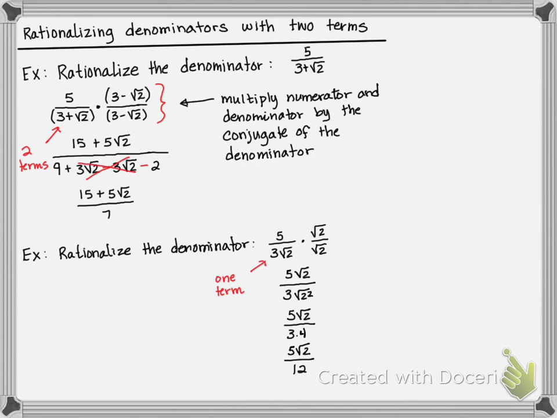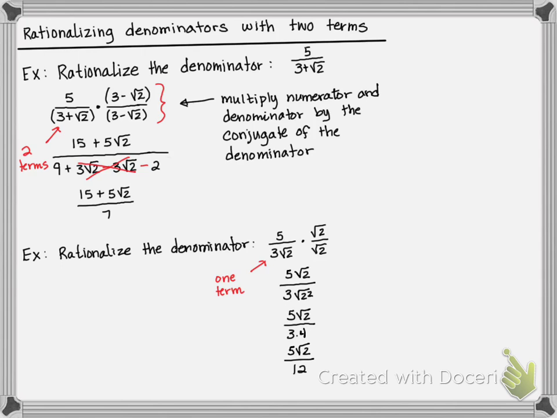So the first thing you always have to ask yourself is, does the denominator have one term or does it have 2 terms? And that determines what you're going to multiply by to get a rational denominator. And I'm sure it gets more complicated if you had more.